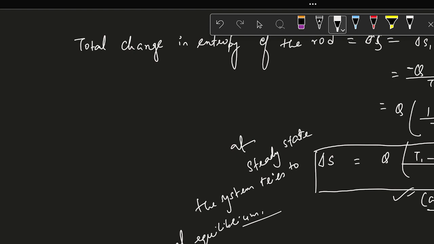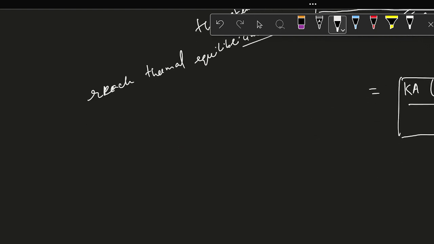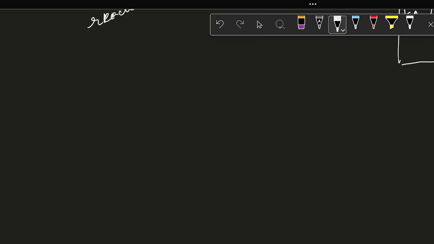So this is our final expression. This is one problem that we have solved. This is a very basic problem from thermodynamics, but you just have to calculate the entropy, because anyway we are calculating entropy in most of the cases, right? So this is that. Then we can look at another problem.